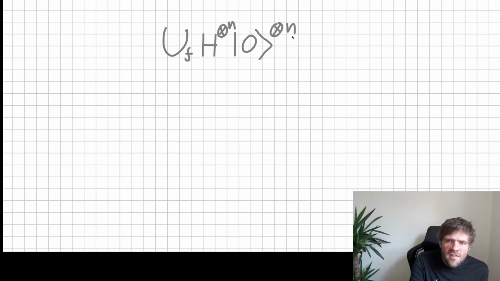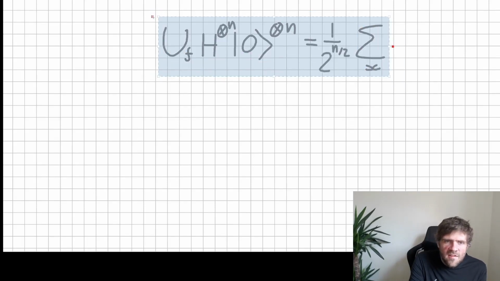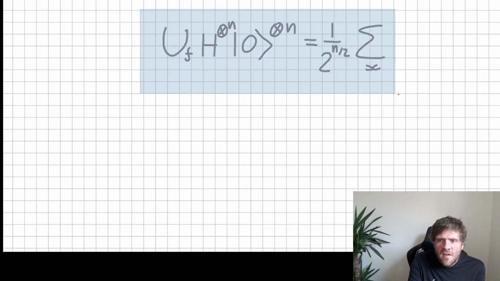What that is going to give us is a big normalization condition. And then we're going to get the sum over all x. So again, summing over all of the possible input bit strings that you can have for this function.